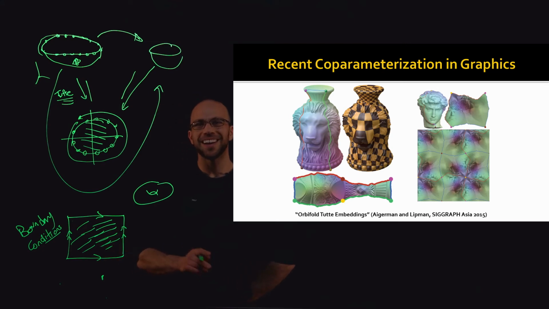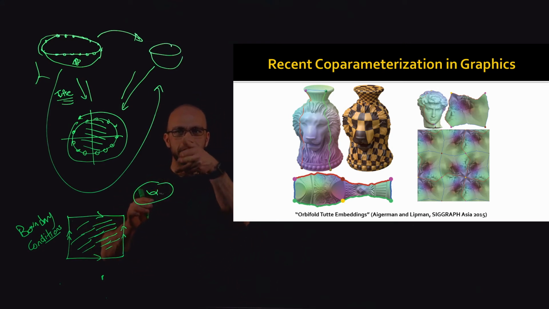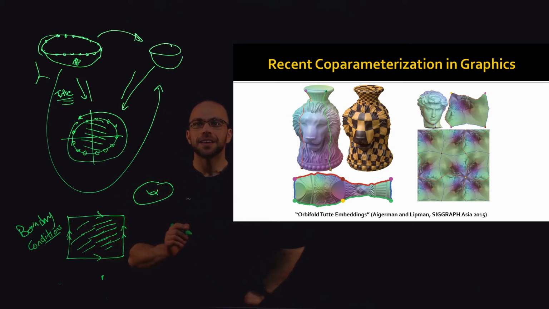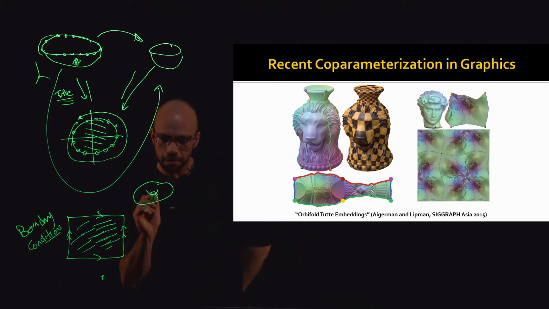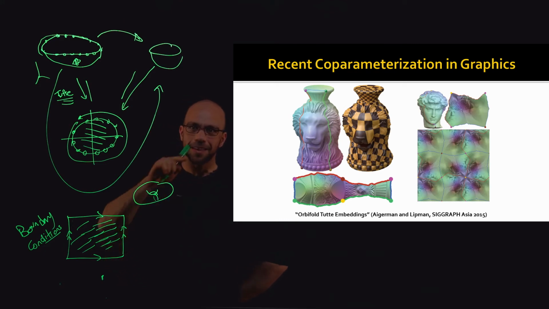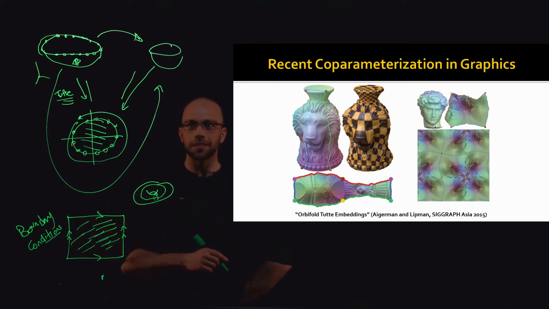In other words, I'm going to take scissors to my 3D surface, and I'm going to cut it until it has the topology where Tutte's theorem applies. So for example, maybe I cut the torus around the outside, and then I make a second cut like that, right? That corresponds to undoing this procedure that I've drawn here.